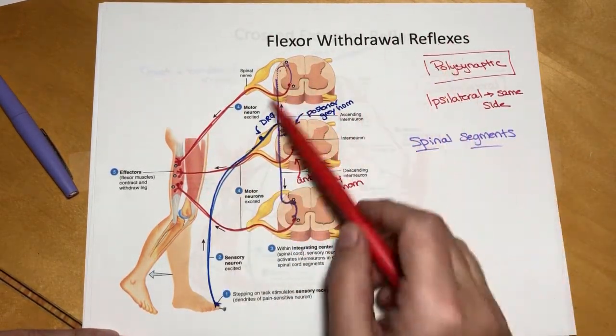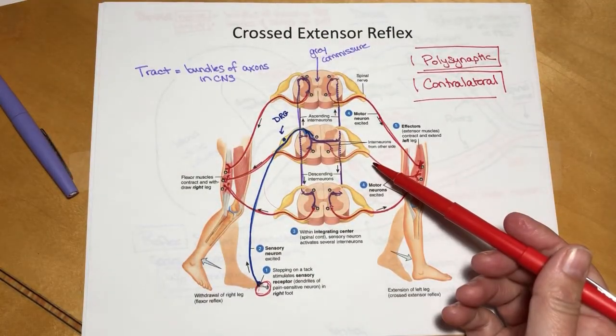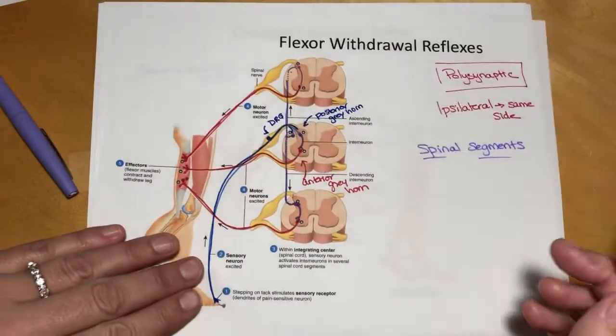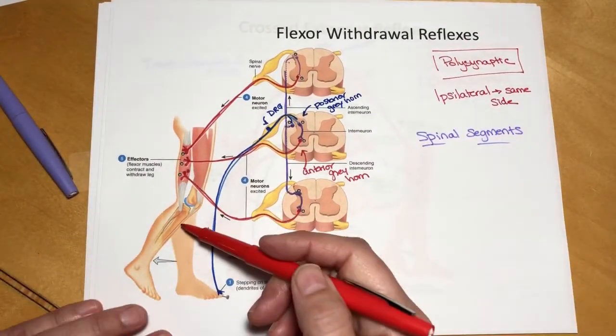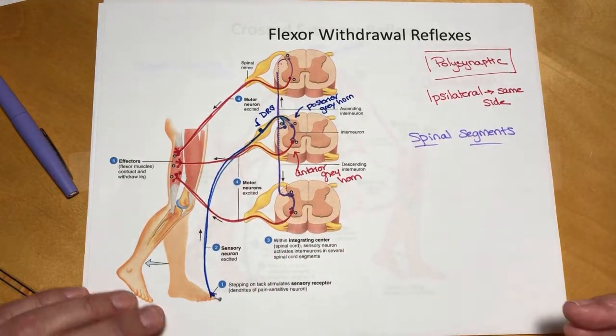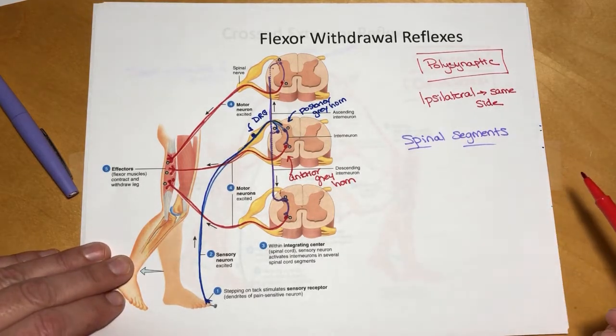This would never happen because you would always revert to the crossed extensor reflex if you're standing. You have to, or you're going to fall down. So it's not a great analogy. They should have written it as, you know, your hand. But just know that it works the same way.